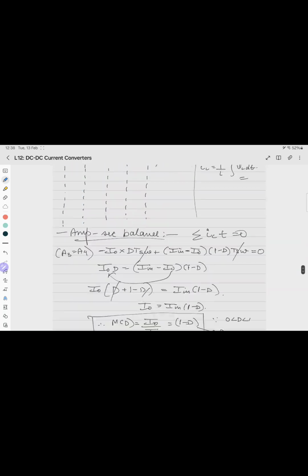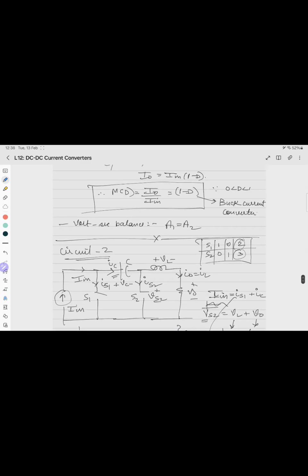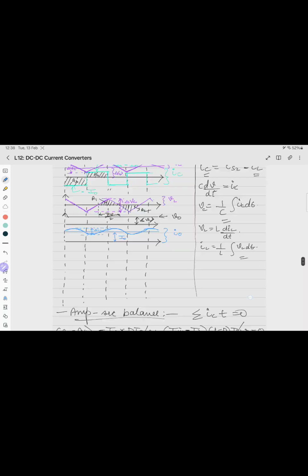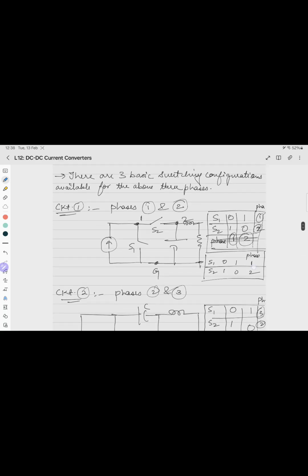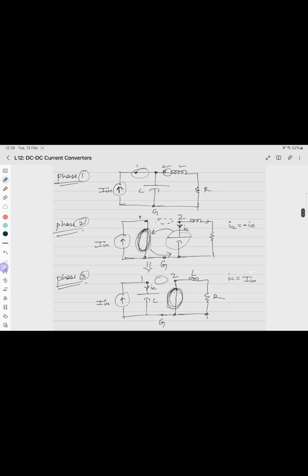So if you want to see VC, or what is the voltage across node 2 and G in phases 2 and 3. So this is voltage V2G, and here again it is V2G, which is what? V2G is the voltage across S2.